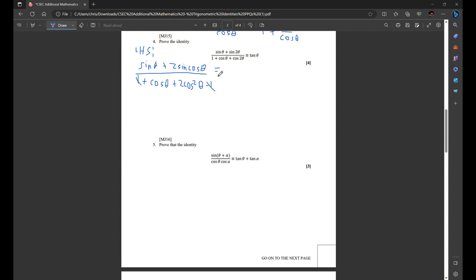So that's going to leave us with sine theta plus 2 sine theta cos theta over 2 cos squared theta plus cos theta.